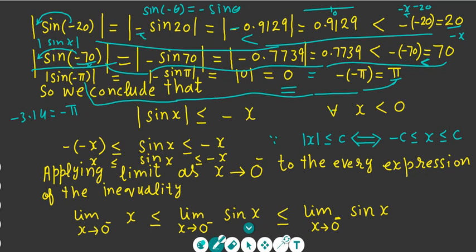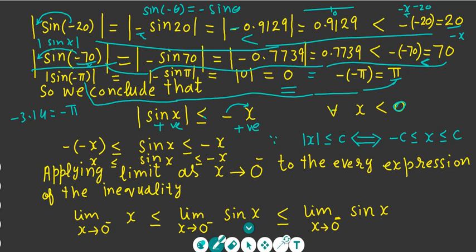So we conclude that the absolute value of sine of x is always less than or equal to minus x for all x less than 0. If we take negative real numbers, then our absolute value of sine of x will always be less than or equal to minus x. As it is positive and x is negative, then we multiply by minus 2x. In this case it will also become positive.